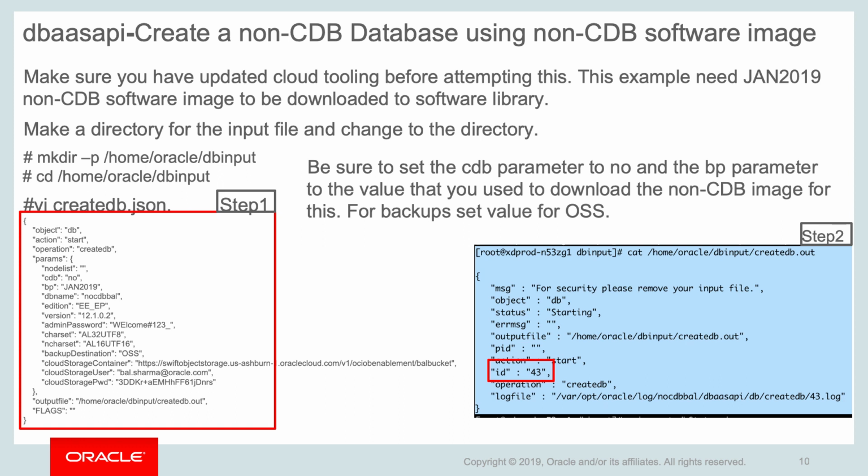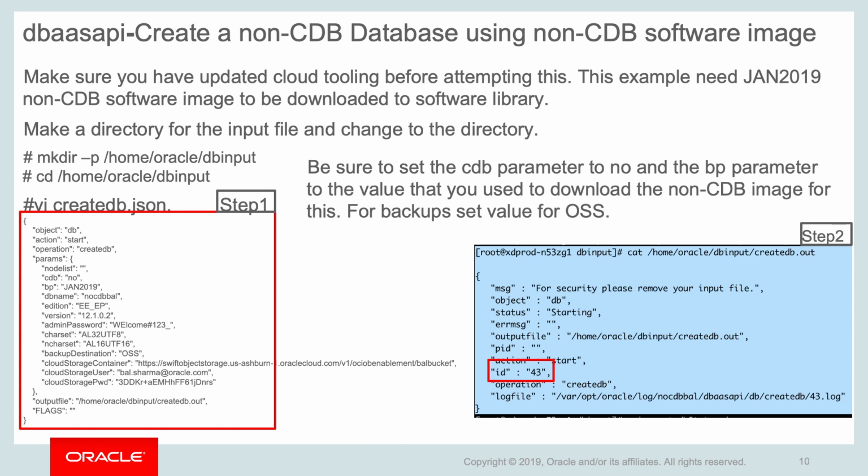In this example, we will need the Jan 2019 non-CDB software image, which has to be downloaded to the software library. As you know, we are not going to download any software from outside and put it on ExaCS. It is all APIs which are facilitating these operations.